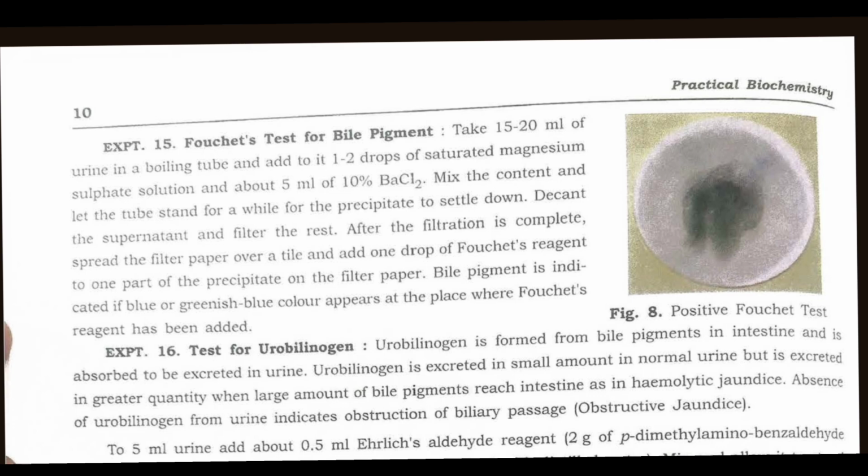Take 15 to 20 ml of urine in a boiling tube and add to it 1 to 2 drops of saturated magnesium sulfate solution and about 5 ml of 10% barium chloride.